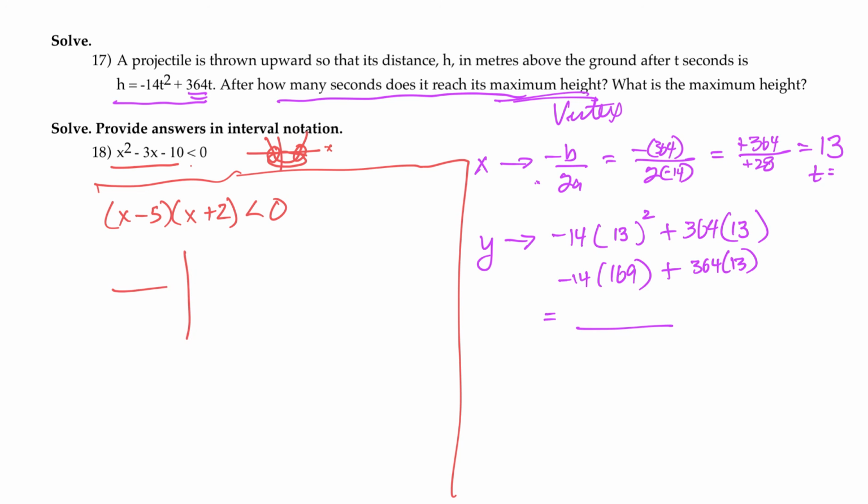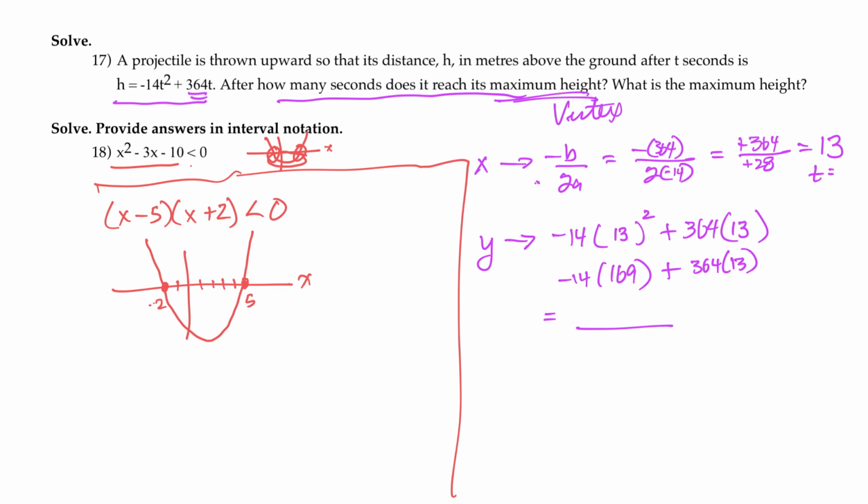So if I were to graph this, at a positive 5 right there, and at a negative 2 right there, that's where the graph crosses. So it looks something like that. So the question says, when is this thing below the x-axis? That's what that's asking. So it happens in between negative 2 and 5.